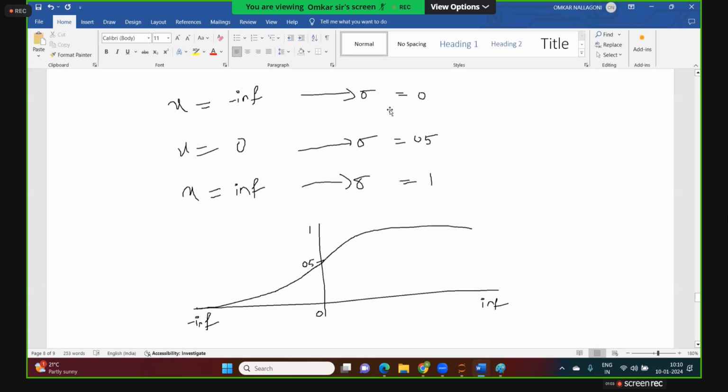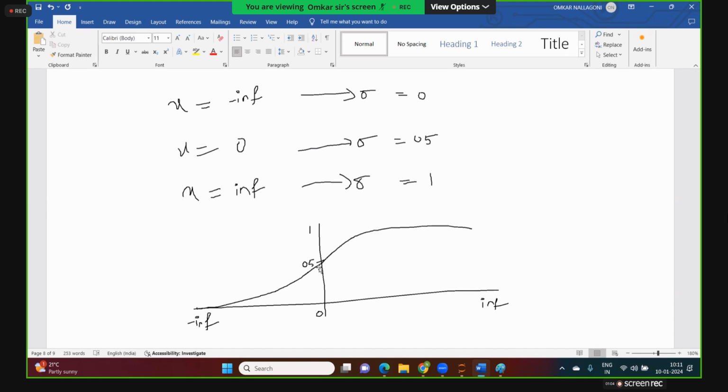Minus infinity gives 0, x equal to 0 gives 0.5, infinity gives 1. So at infinity, the value is 1. At minus infinity, the value is 0. At 0, the value is 0.5. And this is what the sigmoid function looks like, very, very important in deep learning also.